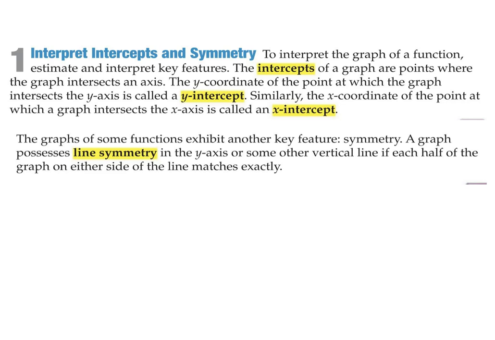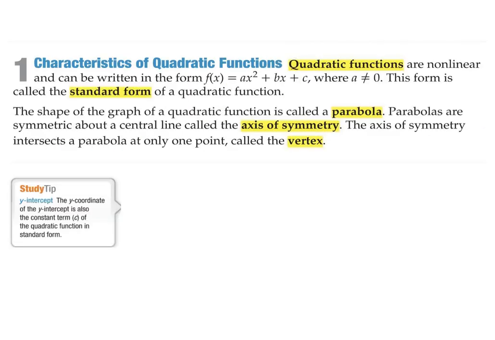Some graphs, not all, also have a feature known as symmetry, which is basically a line that cuts through the graph so that one half matches the other side exactly. Because we want to focus on a specific type of graph, which is called quadratic functions, these are nonlinear.